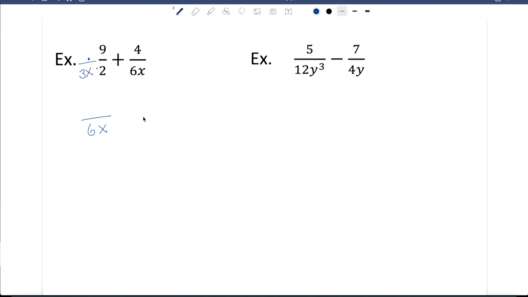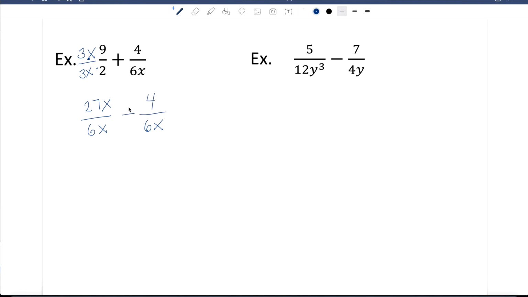As long as your denominator is the same, it really doesn't matter if you multiply one of the fractions or if you multiply both. Just always make sure you multiply top and bottom. So now 3x times 9 is 27x. So then what happens to the second fraction? Well, since our denominator is the same now, without having to do anything, you just leave it alone.